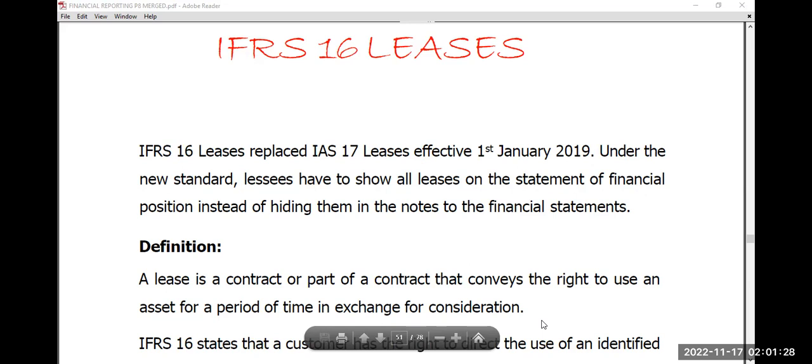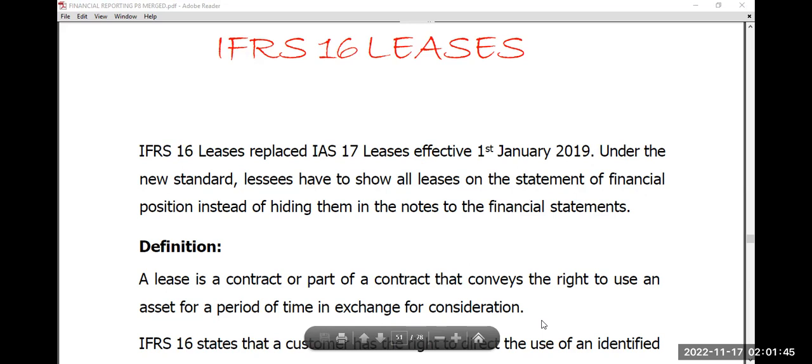Basically, what we are going to be looking at in this video is how we understand when someone says we are going to be talking about leases. What are leases, in terms of the definition?